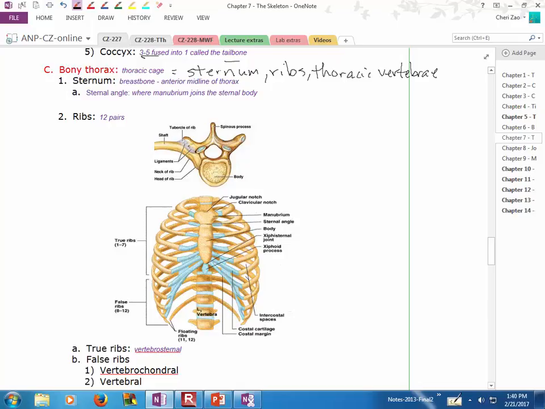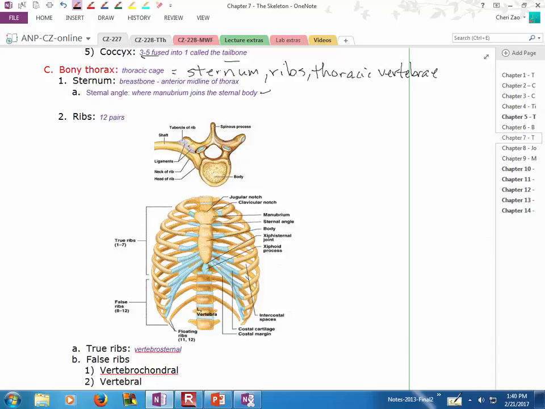We all know our sternum as our breastbone, so it's the anterior midline of our thorax, and there is an area called the manubrium, which is the upper portion of the sternum, and then there is the body. And where the manubrium contacts the body, there's actually a sternal angle. And this is an important landmark because this is always where you can find or start counting your ribs.